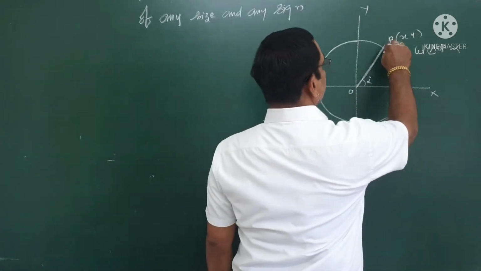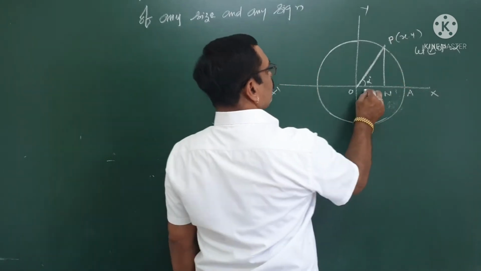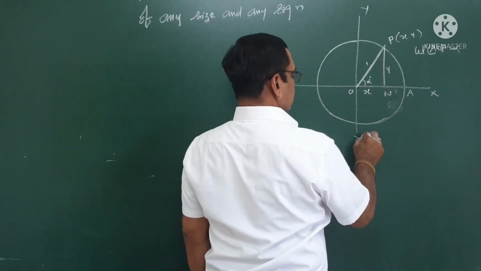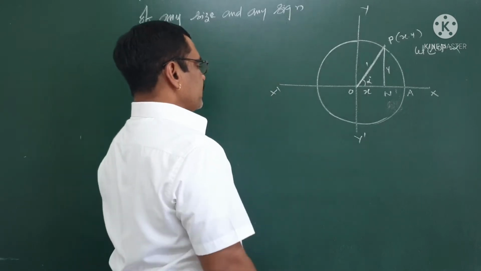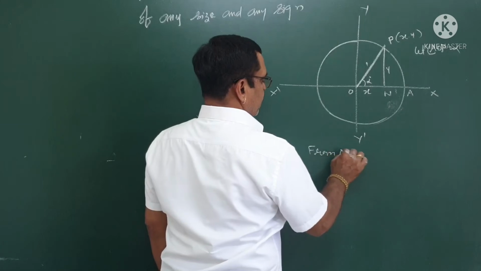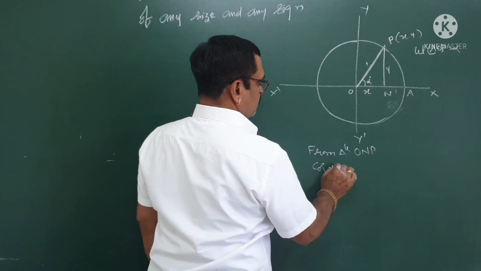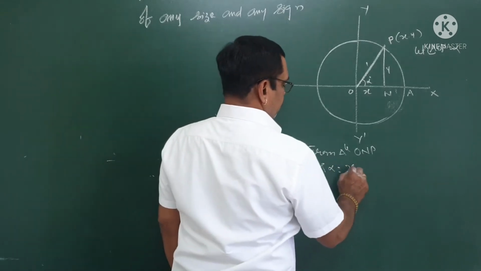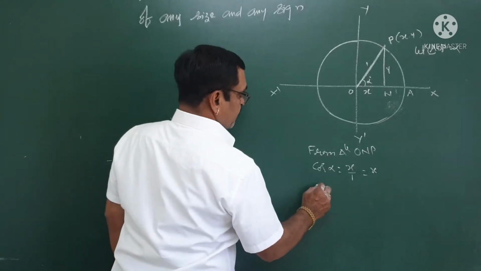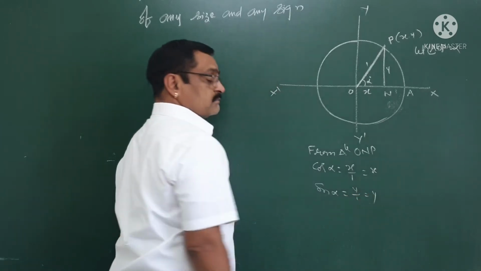Draw a perpendicular line from P to the x-axis. And of course, you know this is x and this is y and this is 1. From triangle OPN, we have cos alpha is equal to x by 1, or simply x. From the same triangle, sin alpha is equal to y by 1, is equal to y.